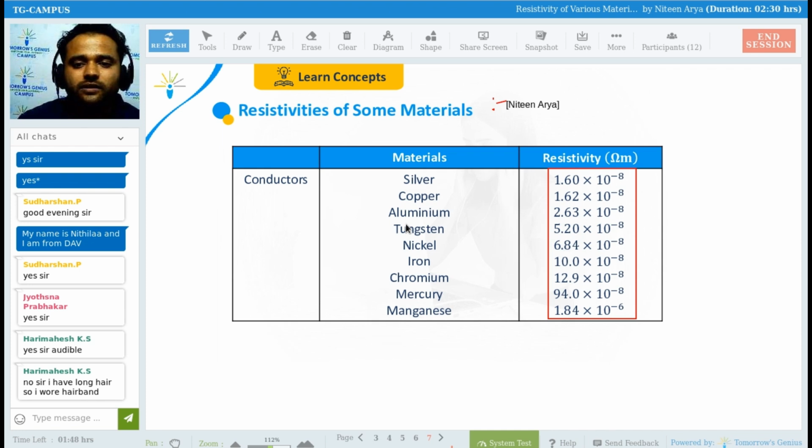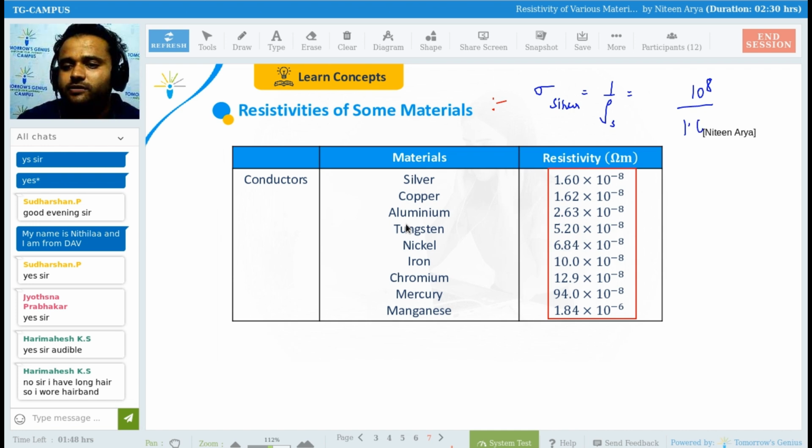The conductivity of silver is 1 by the resistivity of silver, which is, if I am not forgetting, 1 by 1.60 times 10 to the power minus 8, and that is Siemens per meter.